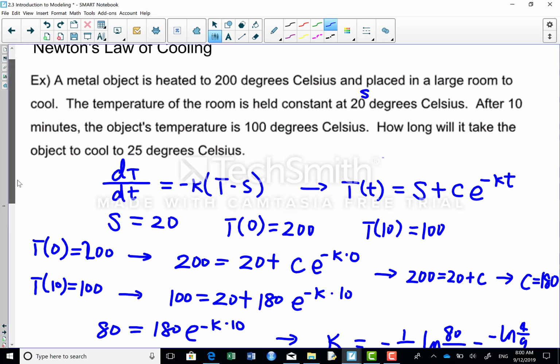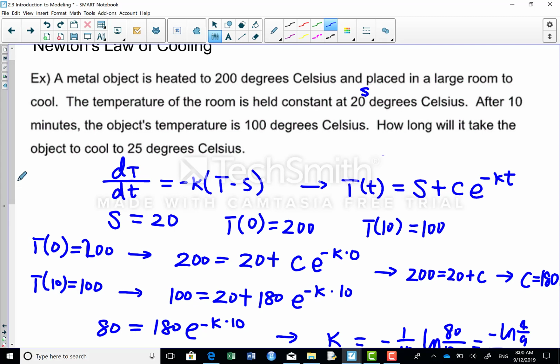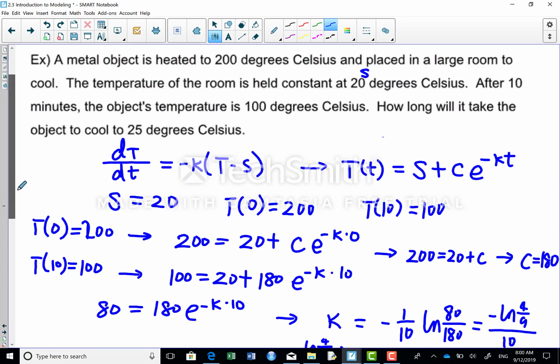So recognize the value of S, which is the room temperature in this case, is 20. And also the initial temperature of the object is 200, so T of 0 is equal to 200. And we also have the information that after 10 minutes the object temperature is 100 degrees Celsius. So T of 10 is equal to 100.